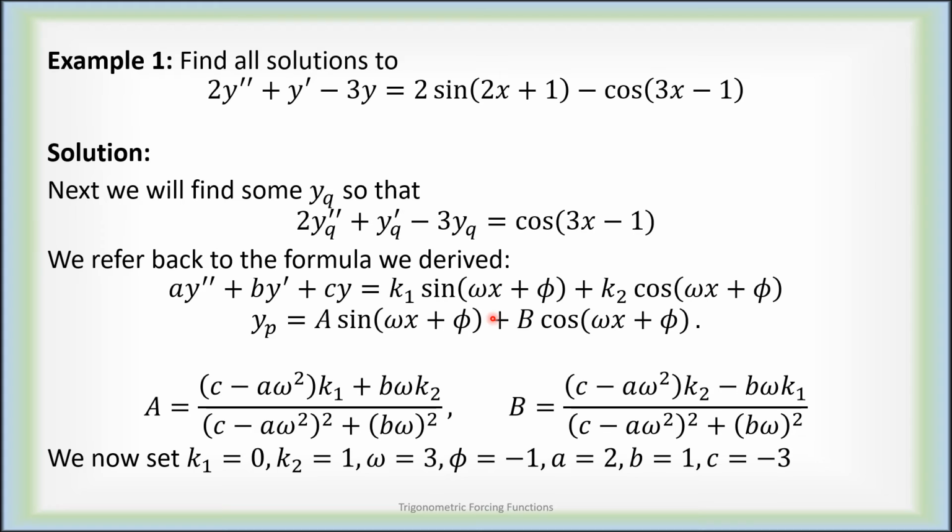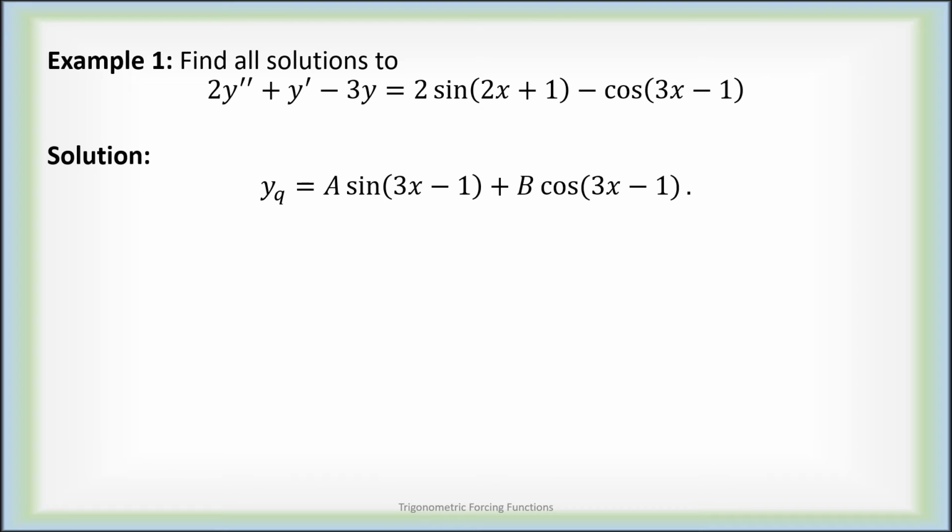Now in this case, k1 refers to the multiple of sine, which is 0. There was no sine term here. k2 is the multiple of cosine, which is 1. Omega is 3. Phi is negative 1. a is 2, b is 1, c is minus 3. So we're just going to plug those into here and see what happens.